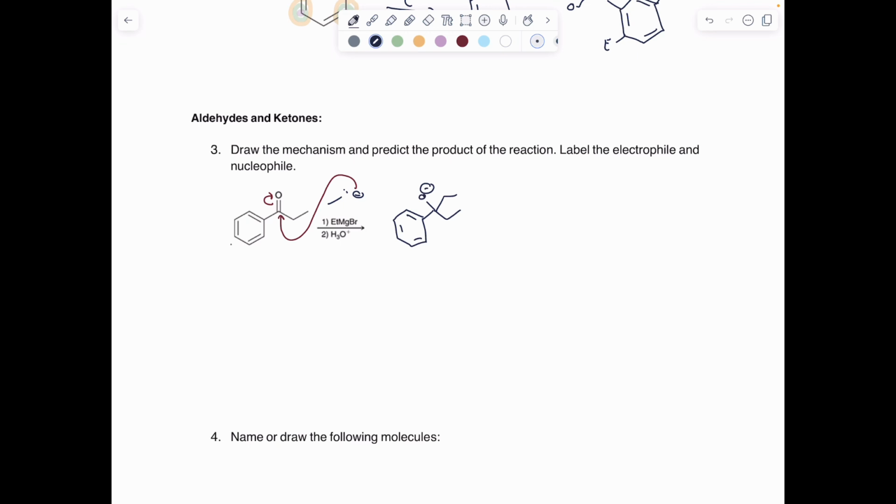And then the second step is to add acid. So when we have H3O+, the negative charge on the oxygen is going to be able to do an acid-base reaction, steal that, and become an alcohol.